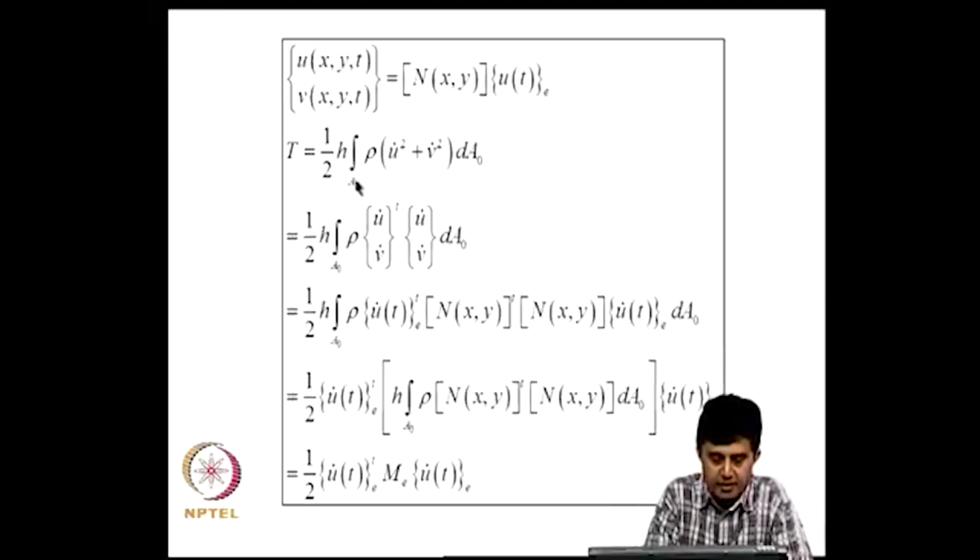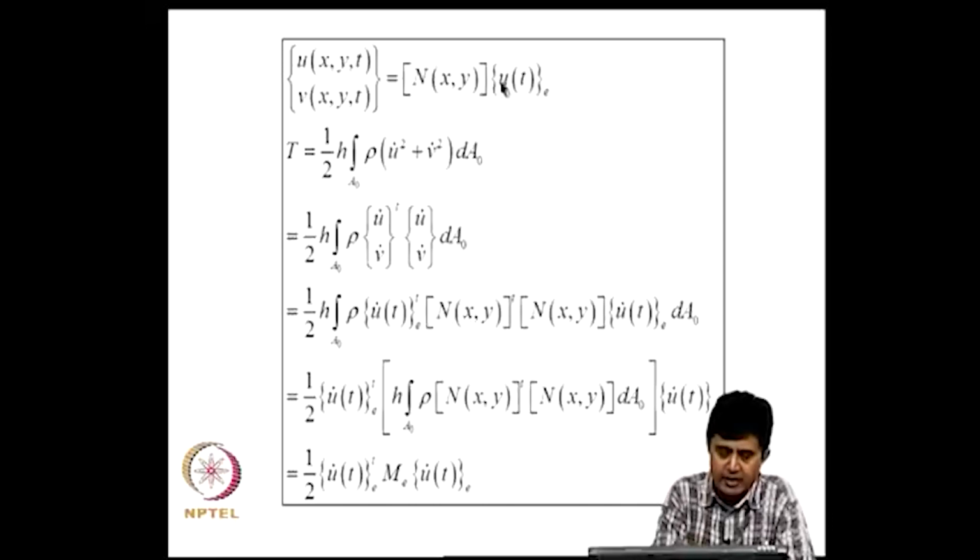Kinetic energy is h by 2 times the area integral of rho (u dot squared plus v dot squared). I will write this in the form of (u dot, v dot) transpose times (u dot, v dot), and for (u dot, v dot) I use N into u^e dot.